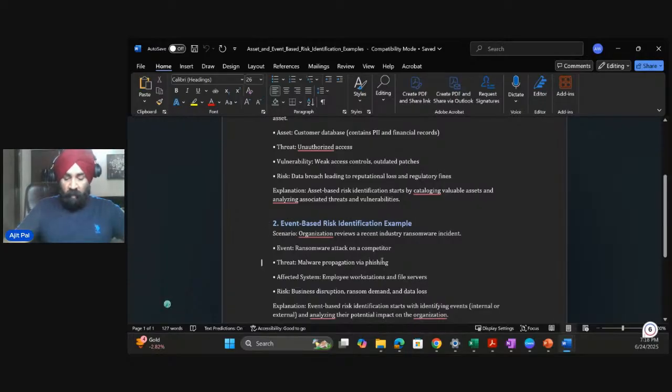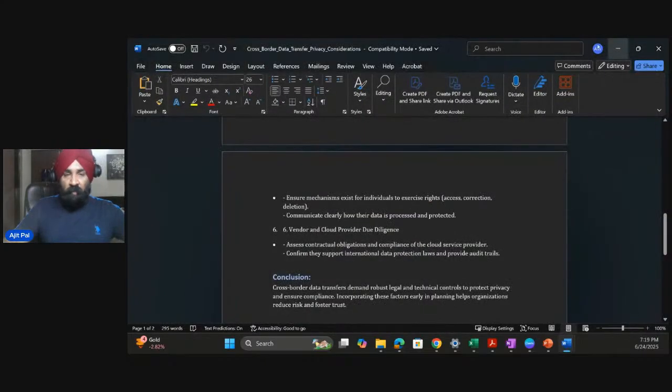The threat is malware propagating via phishing. And then you can see the event-based approach also comes down to the level of affected systems. So whether you pick asset-based or event-based, the event will ultimately be impacting your assets only.